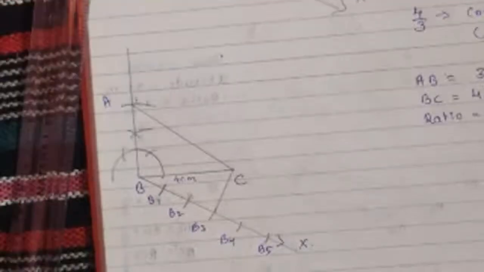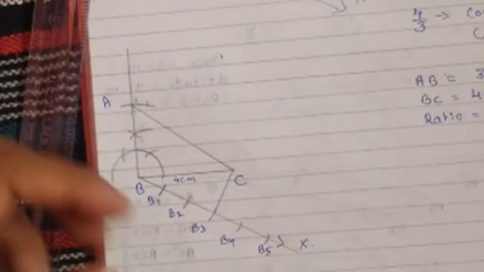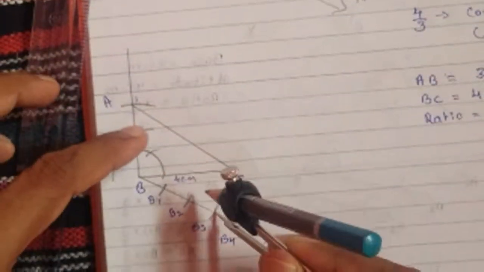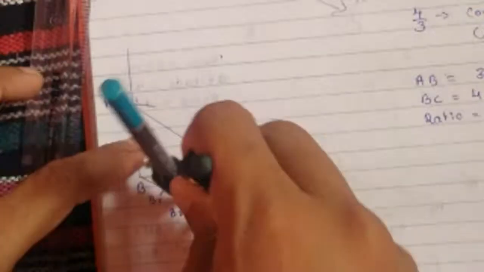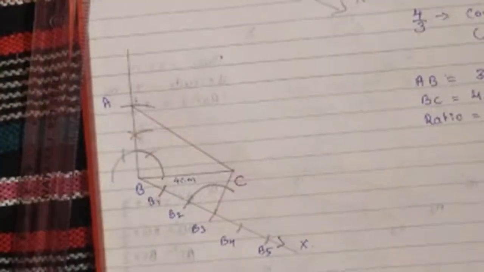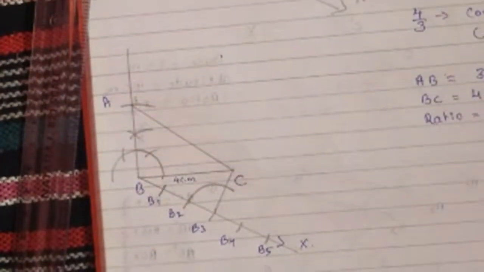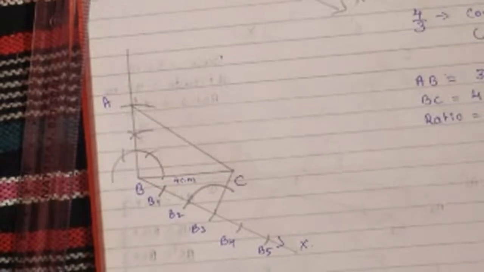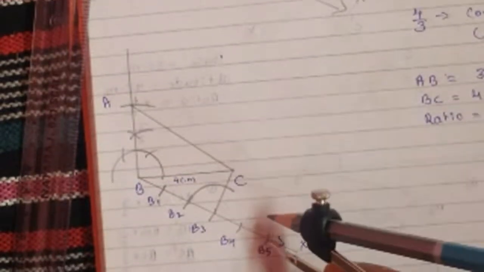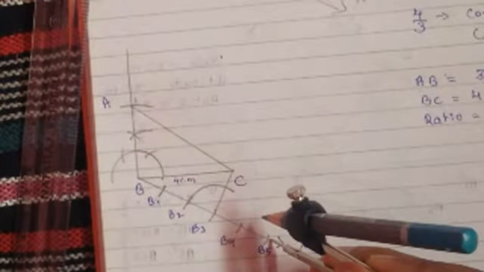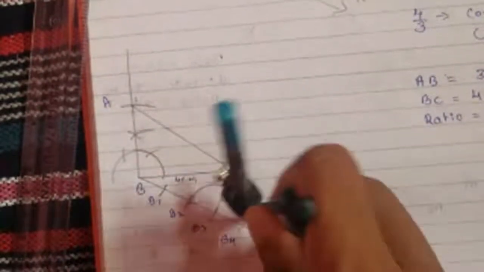Join. Next step, we have to consider the angle. From point B, I'll draw an arc. Then the next arc from the numerator value. The numerator value is 5, so from point 5 I will draw an arc.